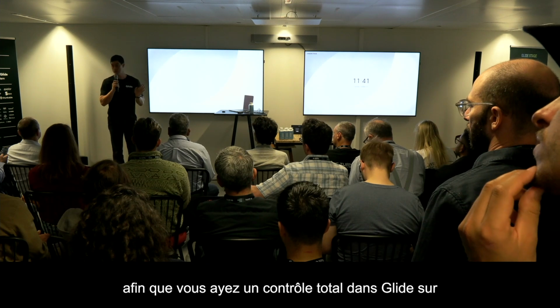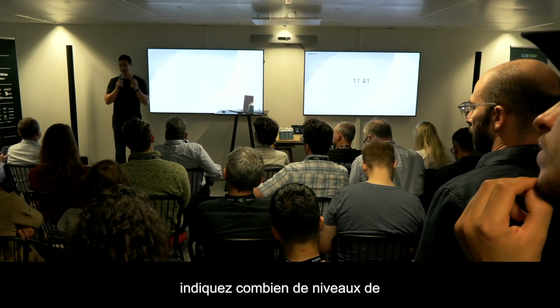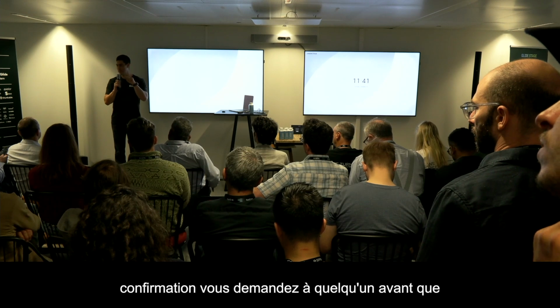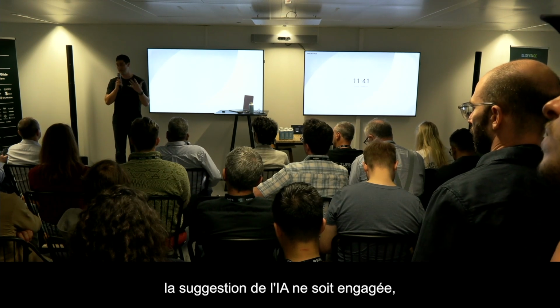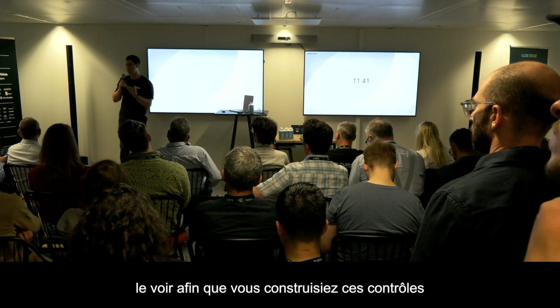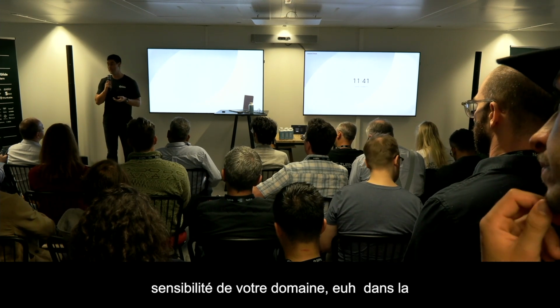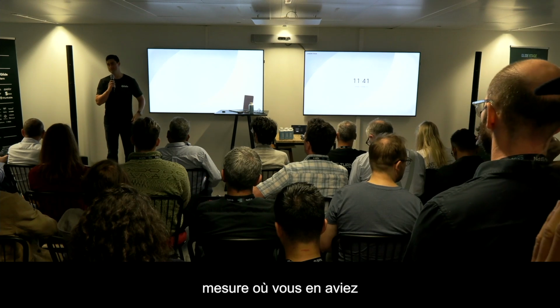So you have full control in Glide over what you present and what warnings you put around it, how many levels of confirmation you ask from someone before the suggestion of the AI is committed to for everyone else in the company to see. So you would build those controls based on the sensitivity of your domain to whatever degree that you needed.